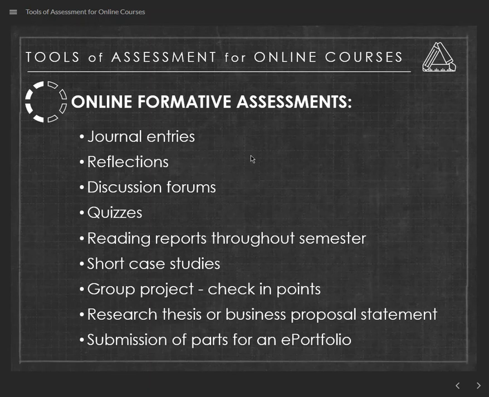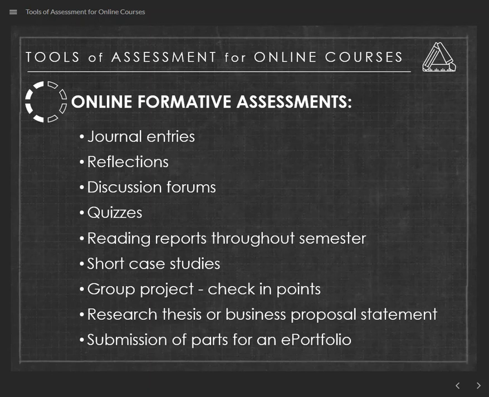Students are submitting parts of that along the way. Perhaps you get some sort of journal or reflection activity in there as well. So that would be some categories for online formative assessments, and some of those items would be graded, and some maybe would not be graded. But that doesn't mean they're not formative if they're happening along the way. It just means some would be more informal, and some would be more formal if they were graded.